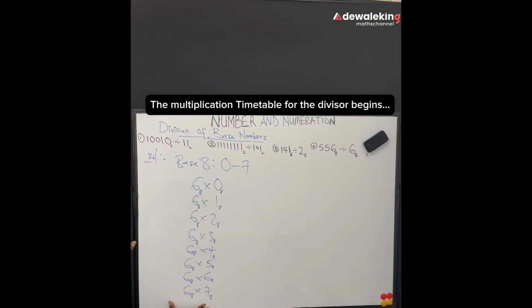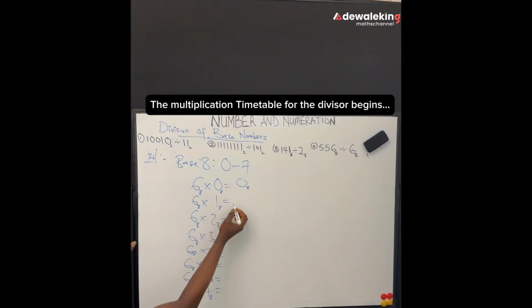So these are the outcomes of multiplying in base 8. And that will give us, so we'll say 6 times 0 is 0 in base 8, which is not needed in this division.